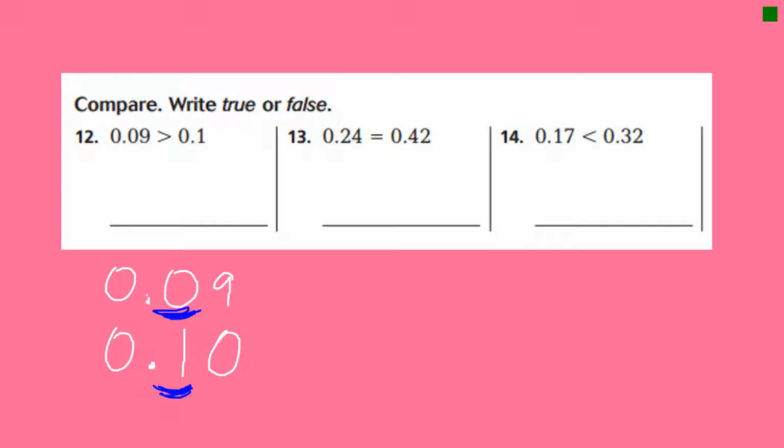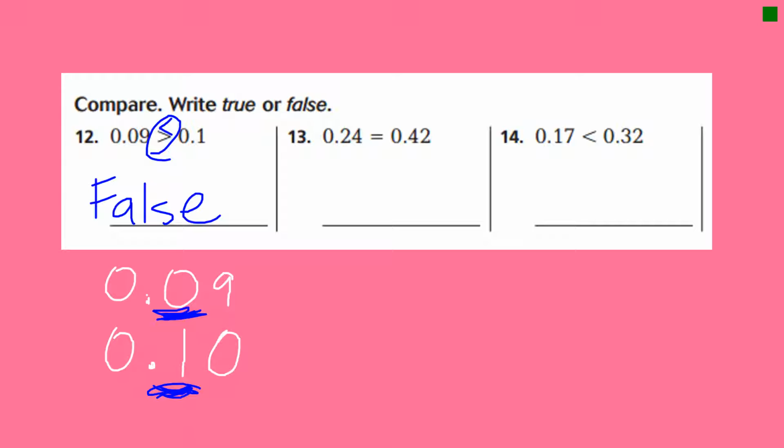So now really, it's much more clear that this is false, isn't it? Okay, there's no value in the tenths, and this one, the tenths has a value of 1. So 9 hundredths is like 9 cents. 1/10 is like 10 cents. So that needs to be switched around, doesn't it? Boop, boop.